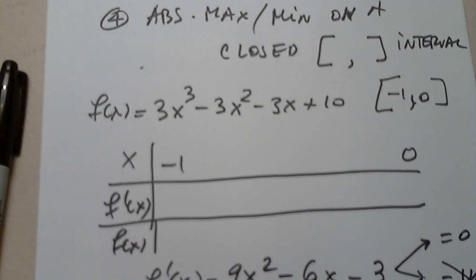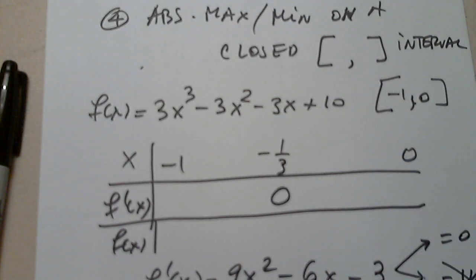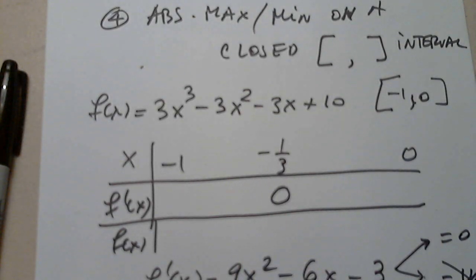So -0.33 is in the interval. So this is -1/3. But 1 is not. Don't bother with it. Okay? So that you can only put the negative 1/3 in the interval, right?